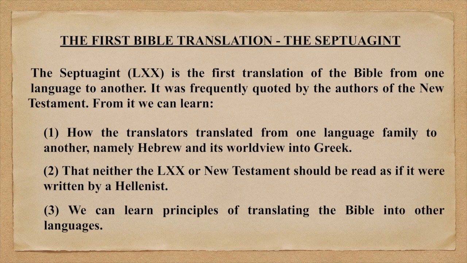From it, we can learn, 1, how the translators translated from one language family to another, namely Hebrew and its worldview, into Greek. 2, that neither the Septuagint or New Testament should be read as if it were written by a Hellenist, in other words, from a Greek worldview, like Plato or Homer. 3rd, we can learn principles of translating the Bible into other languages.